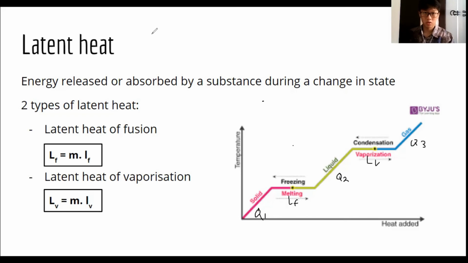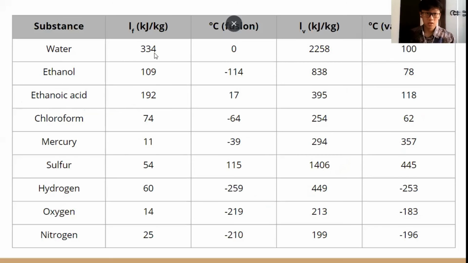So let's see the latent heat of substances. Here I have made a table containing the latent heat of fusion and vaporization of some substances, so you can use this to solve problems.